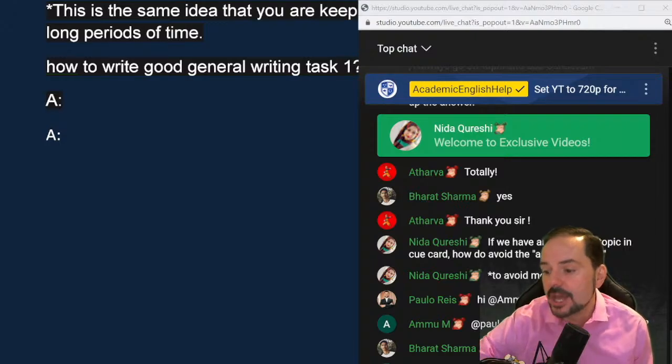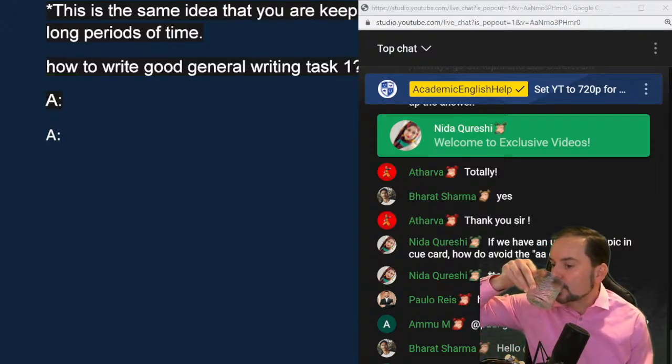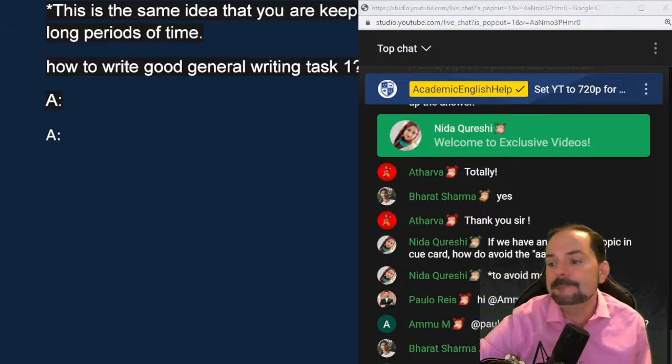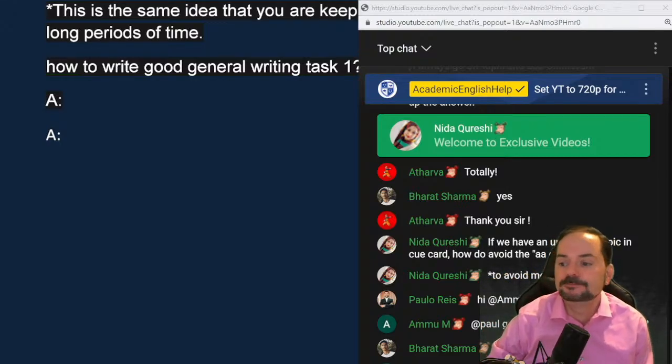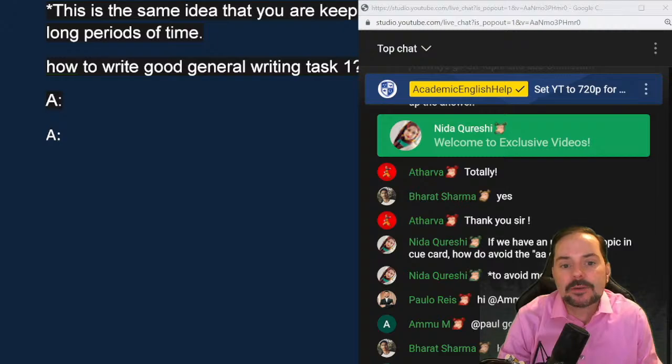So Task 1 General, what is that? Anybody? No? All right, well, I'll spoil it for you. How to write good general writing Task 1.